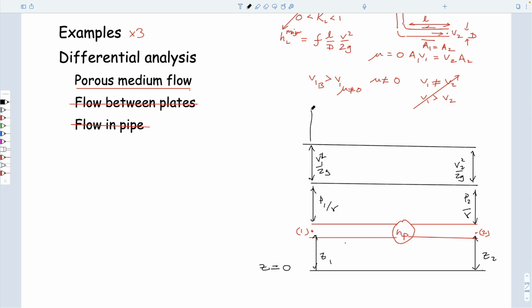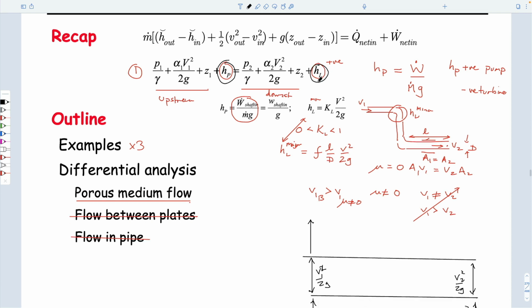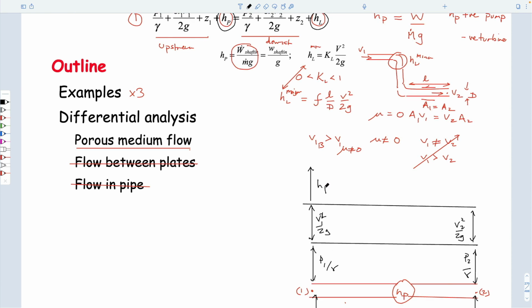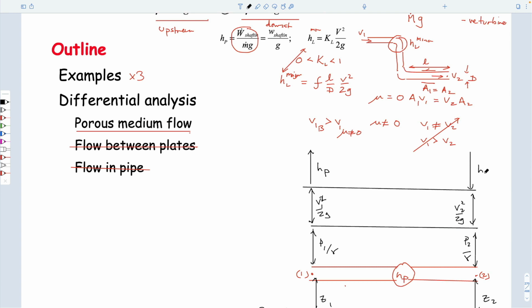And then we made the point that this extra term we have on the upstream side and the extra term we have on the downstream side are just these individual terms. So you could imagine that really this term H pump, you're putting it in right here.